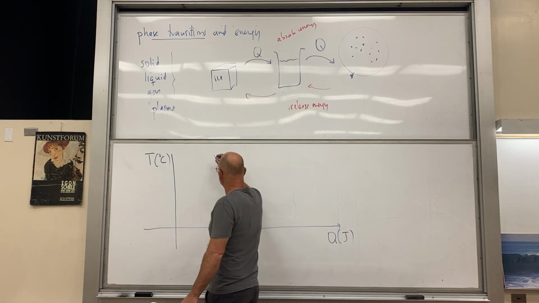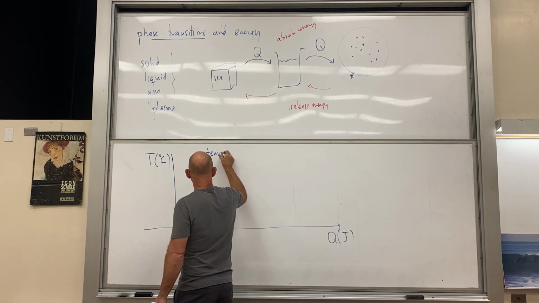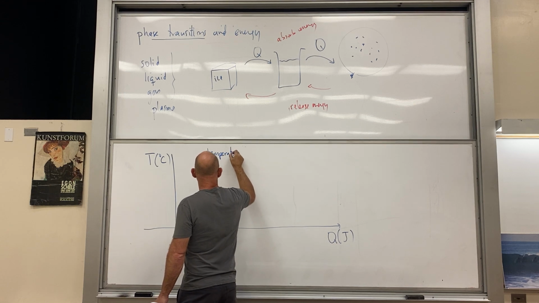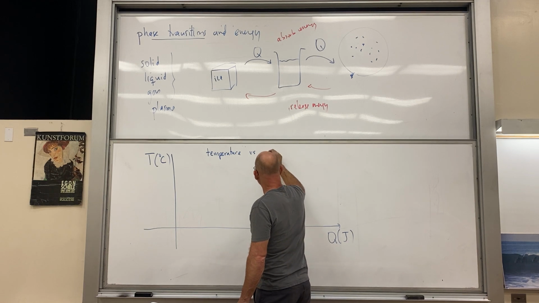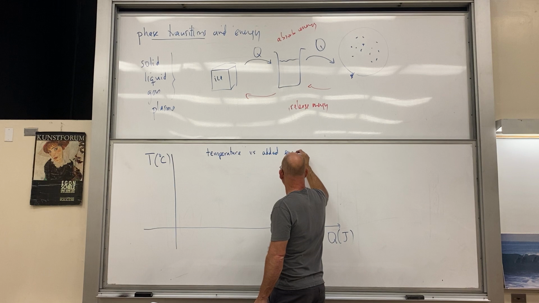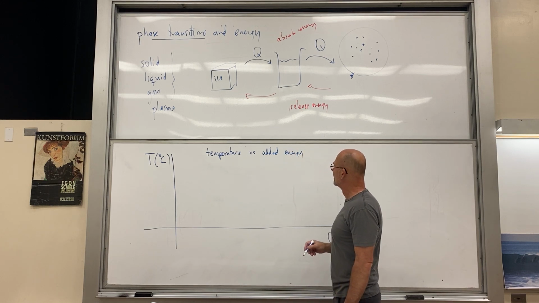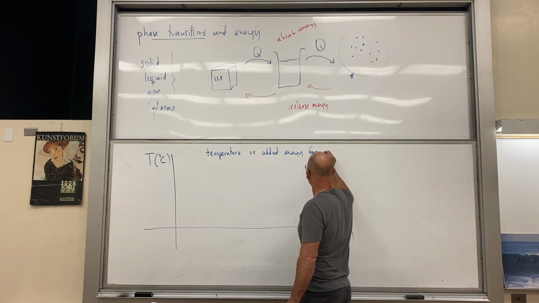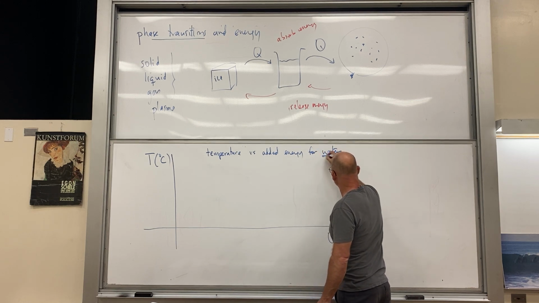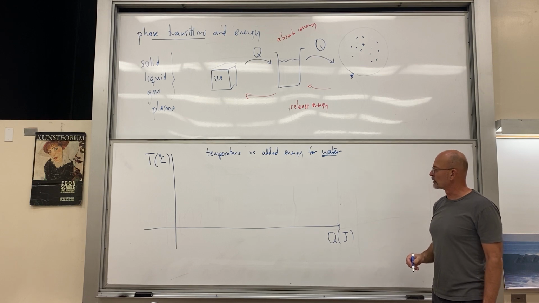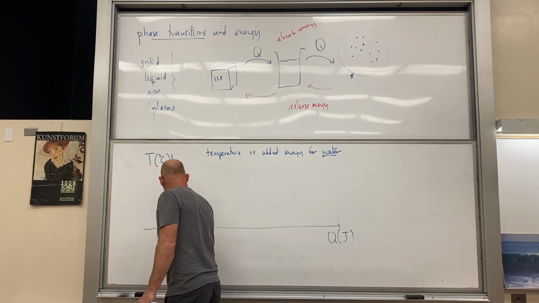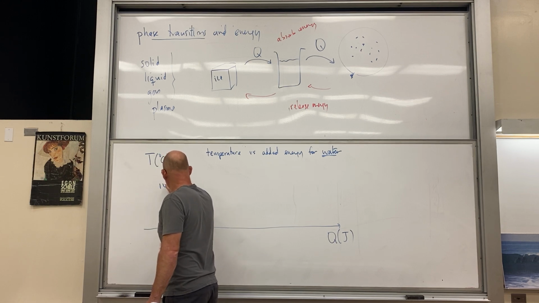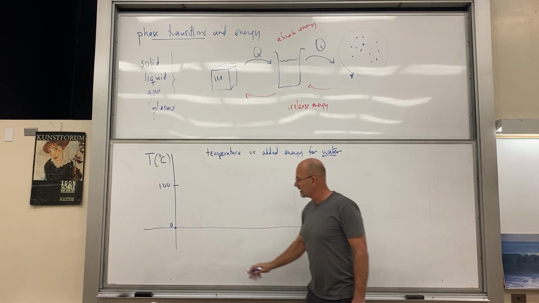So that's temperature versus added energy. For water. This graph could be done for many substances, but we're going to do it for water because we know some specific interesting temperatures here. So 0 and 100, those are pretty relevant for water. Melting, boiling.